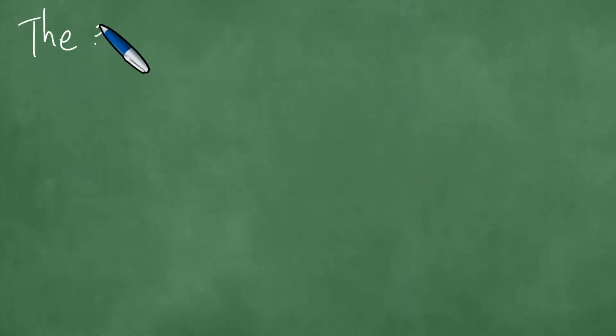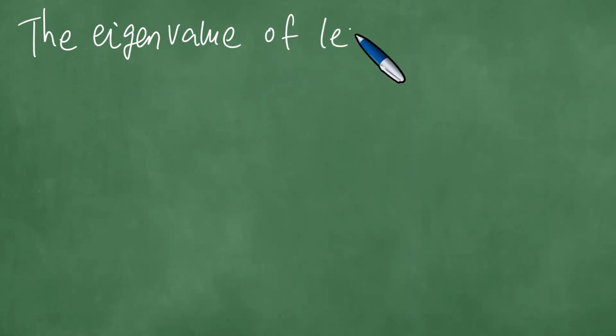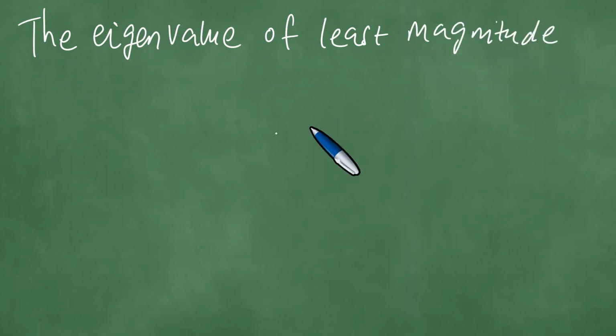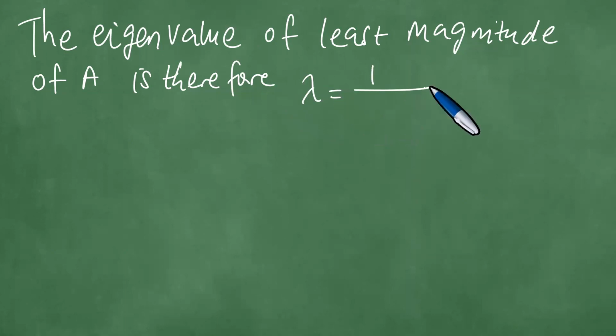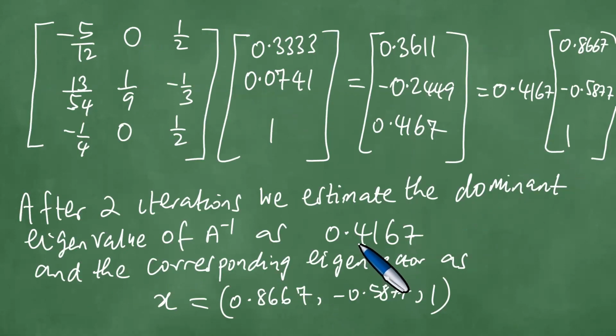The eigenvalue of least magnitude of A is therefore lambda, which equals 1 over this, because this one is the biggest one for the inverse relative to 0.3, 0.2, 0.4.